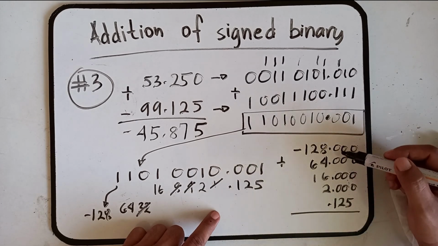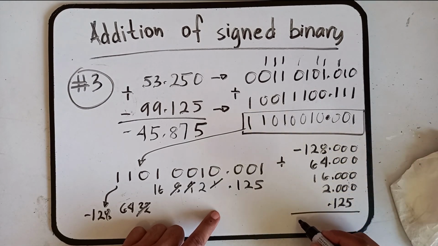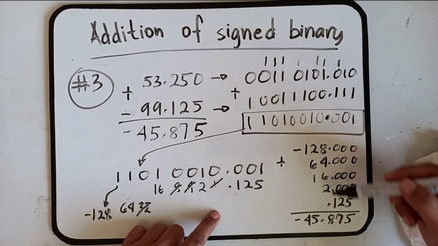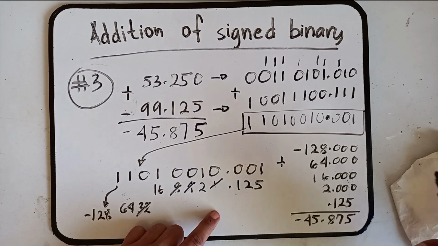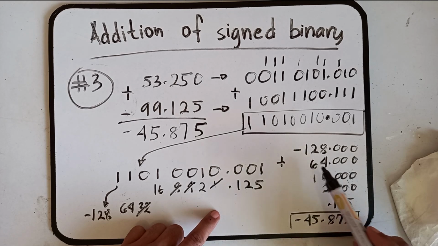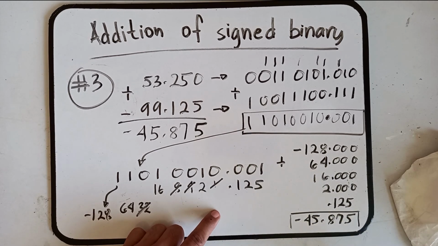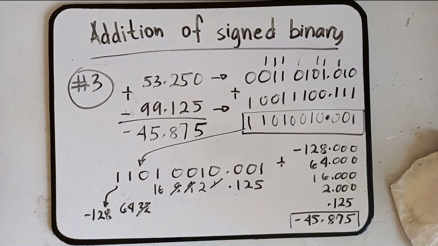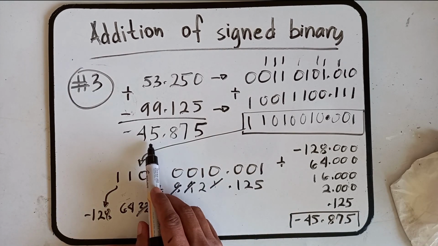Now you can use your calculator to check if this is really equal to negative 45.875. But basically, if you will add all of these numbers, it will give you a result of negative 45.875. So negative 128 plus 64 plus 16 plus 2 plus 0.125, and that results to negative 45.875, which is equal to our answer in decimal.